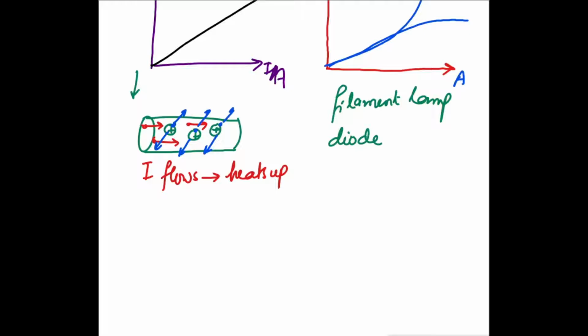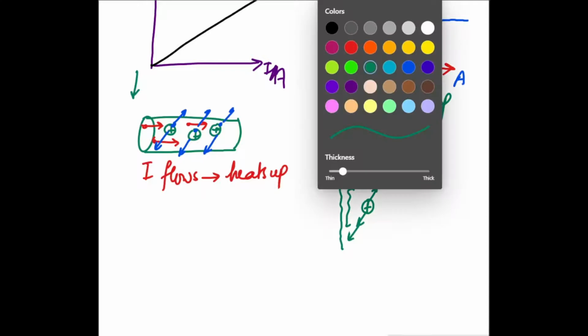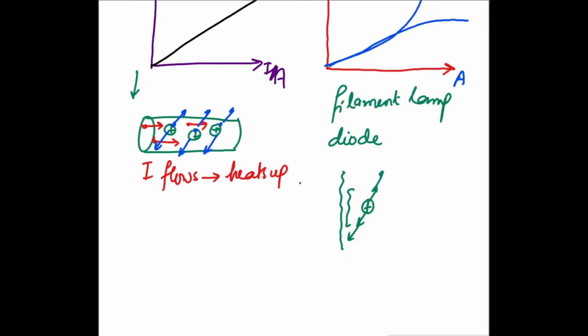So if the path that was being obstructed by the positive charge was this much, now the obstructed path is almost this much because of the thermal energy. This increased obstruction causes the electron to move even more slowly or collide even more frequently with these fixed positive charges when trying to move through the conductor.